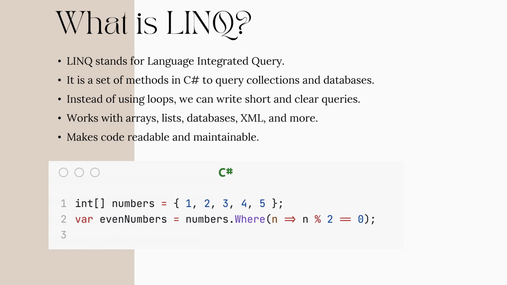And it makes code more readable and maintainable. LINQ is like a universal query language inside C#. Whether you're working with a database or just filtering a list of numbers, the syntax stays the same.